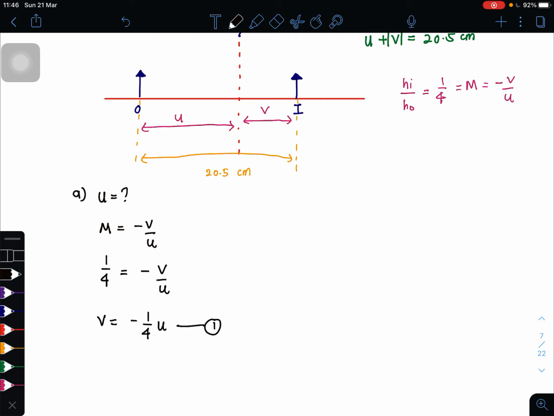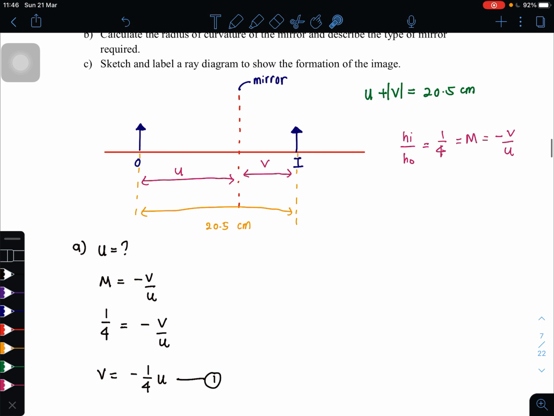So we have first equation. So actually this equation, we can substitute to this equation. So we just assume this one is the second equation. So kita substitute dia. U plus, okay, V still dalam modulus, negative 1/4 U equal to 20.5 cm. So since dia adalah modulus, so we just cancel this negative value.